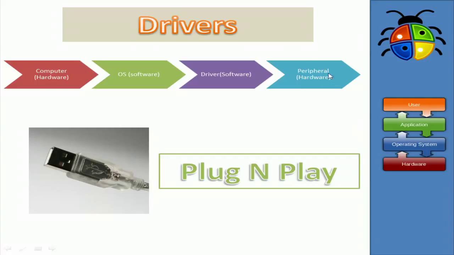Now, a peripheral device is basically an external device that you attach to your main computer. For example, a mouse, keyboard, pretty much anything that has these USB ports is probably going to be a peripheral device. So the operating system uses a language book, a phrase book, to be able to talk to this peripheral device and find out what it does.